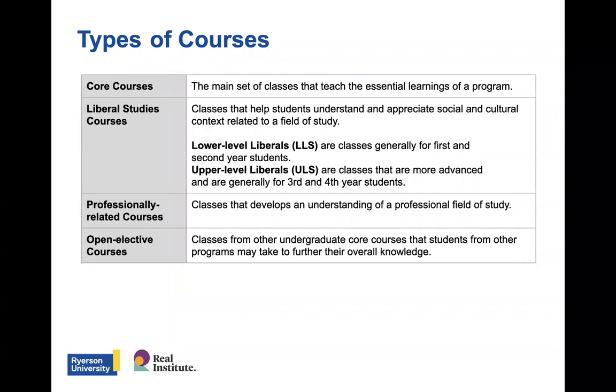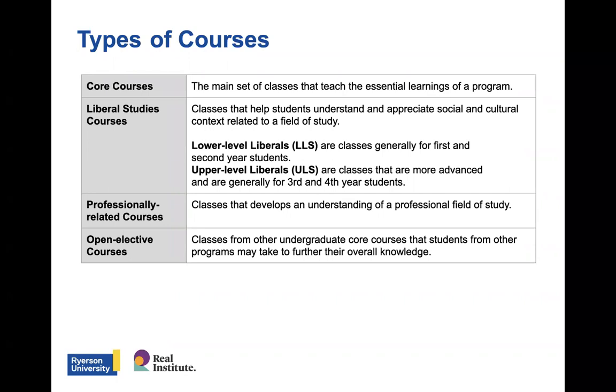Liberal study courses are classes that help students understand and appreciate social and cultural context related to a field of study. Liberal study courses help you become a better rounded individual by the time you finish university. And these liberal courses are broken down into 2 lists, a lower level and an upper level.